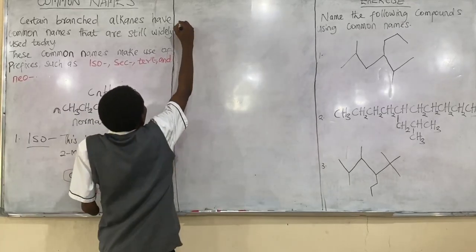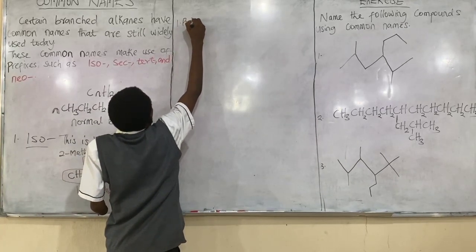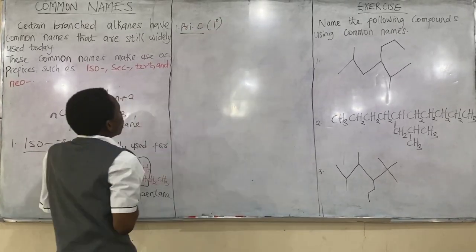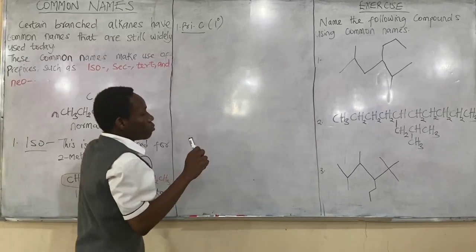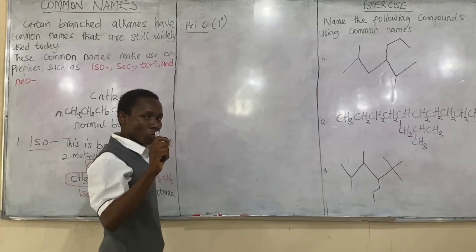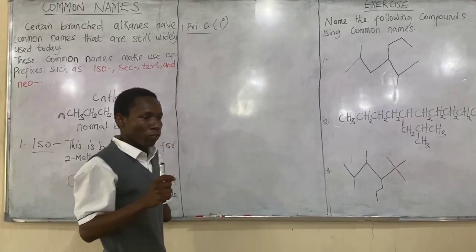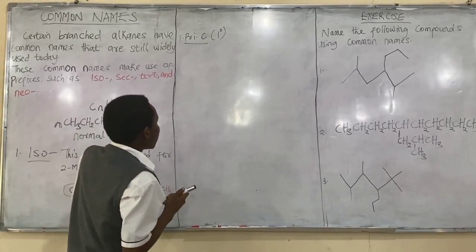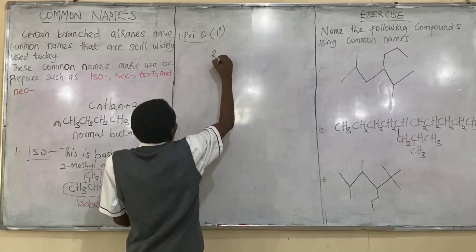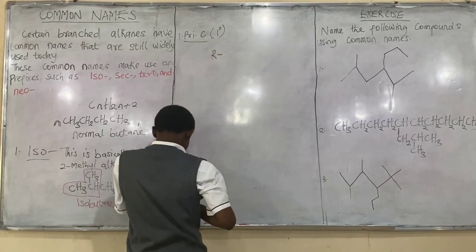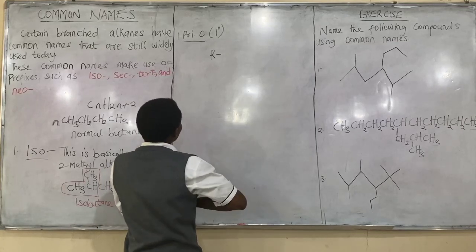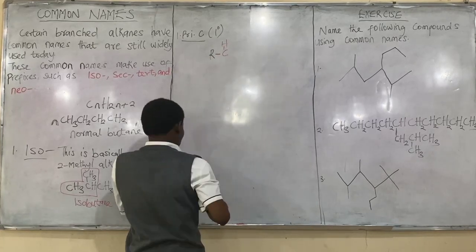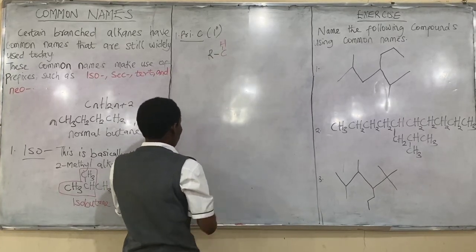So if we have this primary carbon, you can write it this way, 1 degree. A primary carbon is a carbon bonded to just one carbon. So when you have one carbon attached to just one singular carbon, that carbon is called primary carbon. If you have something like this, let's use R, and then we have our CH3.